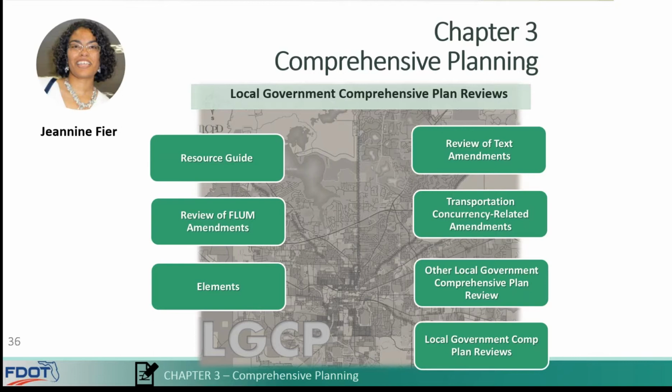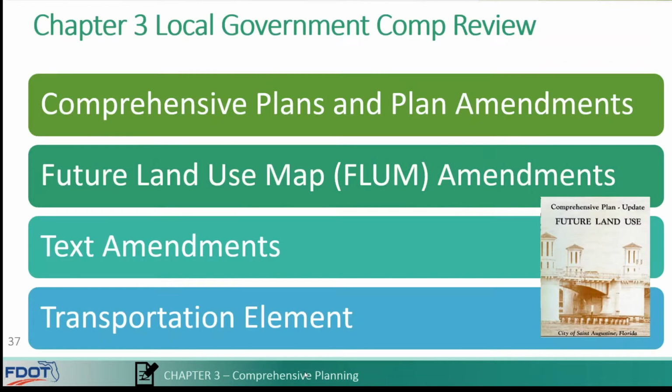Today I'm going to be presenting to you a very brief summary of Chapter 3, focusing on the impact of legislative changes that have happened since the 2010 edition of this handbook. When you go through this handbook, you'll notice that this chapter is broken down into 4 sections that are shown on the screen for you.